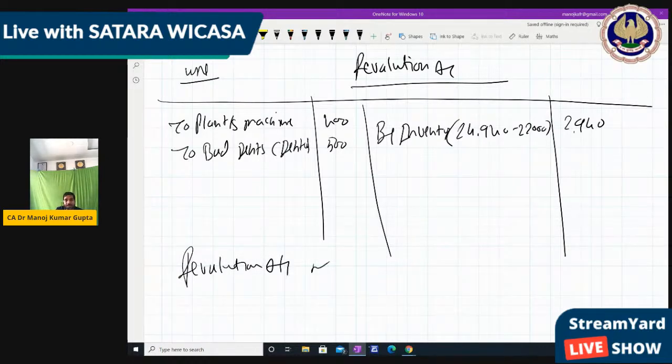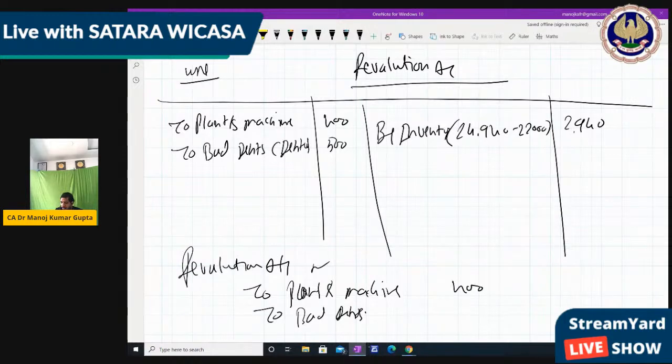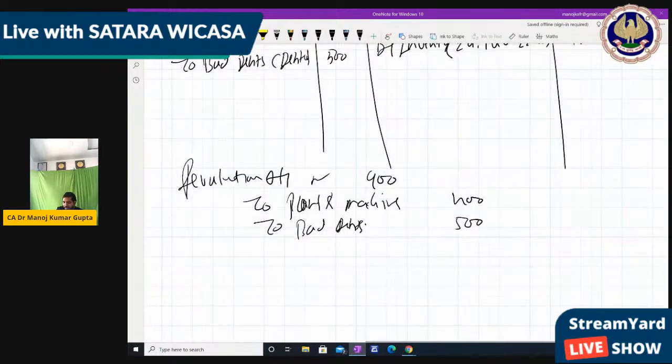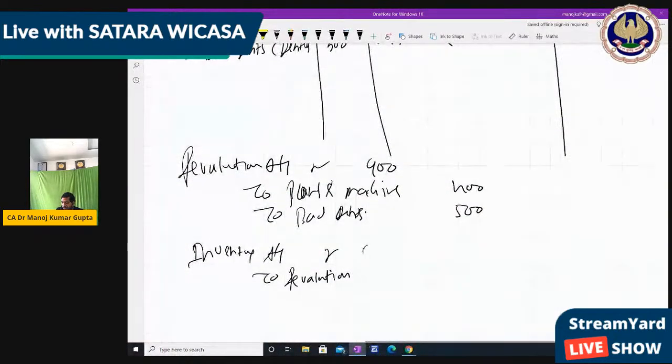Because it's a loss, so debit side: to plant and machinery 400, to bad debts 500, and this is 900. Second entry, inventory account debit to revaluation 2,940.